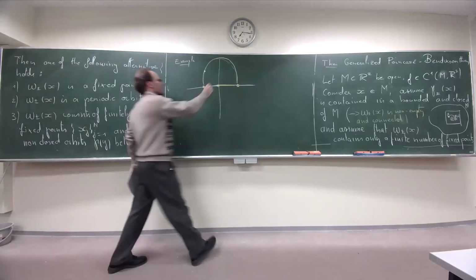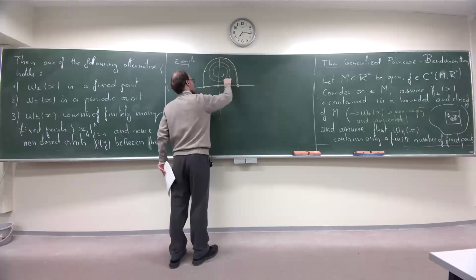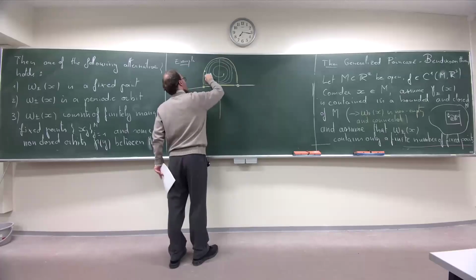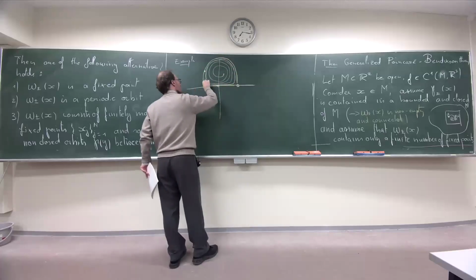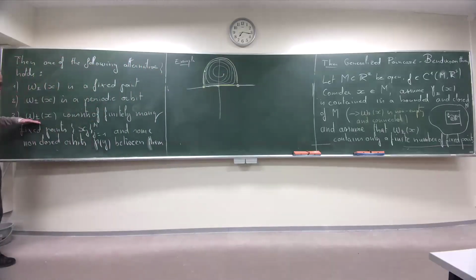So in this example, any initial condition would do something like this. And it would approach this yellow region, but never touch it, so that the limit set would be this yellow region.